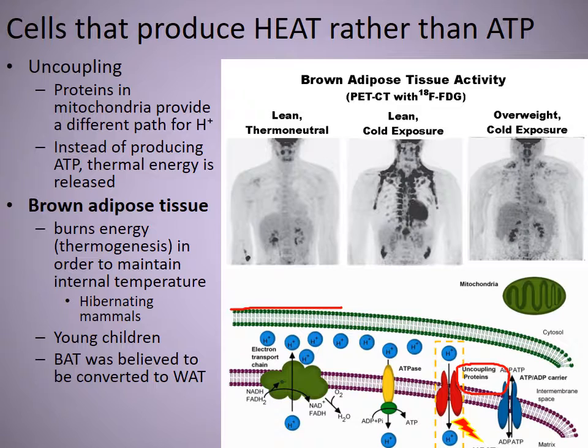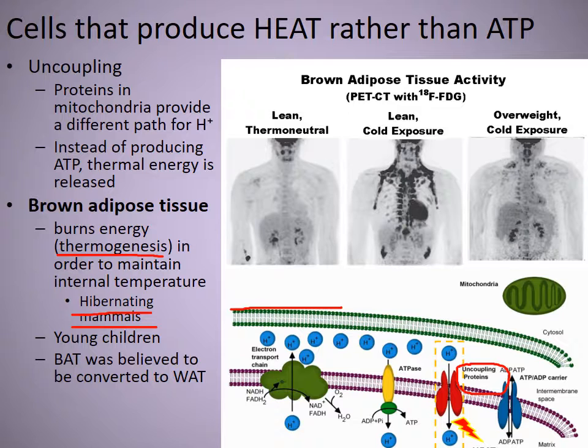This is important for mammals, or hibernating mammals mostly, because they sleep or hibernate during the winter time, so they require essentially thermogenesis. They need to maintain their internal temperature throughout the cold season, and they do this by thermogenesis.